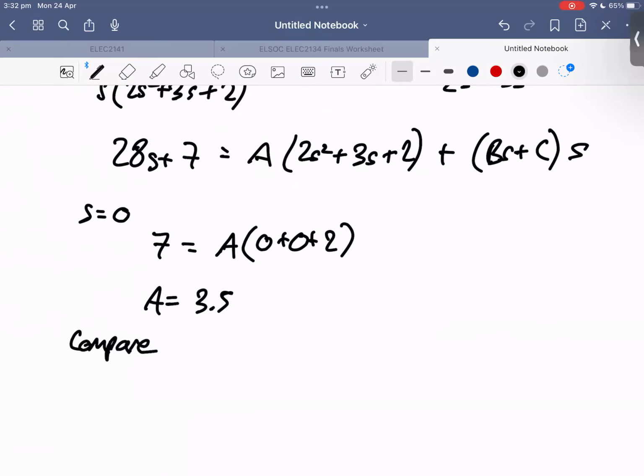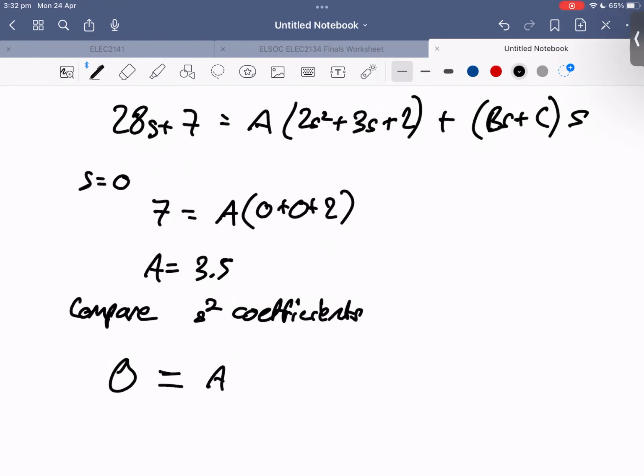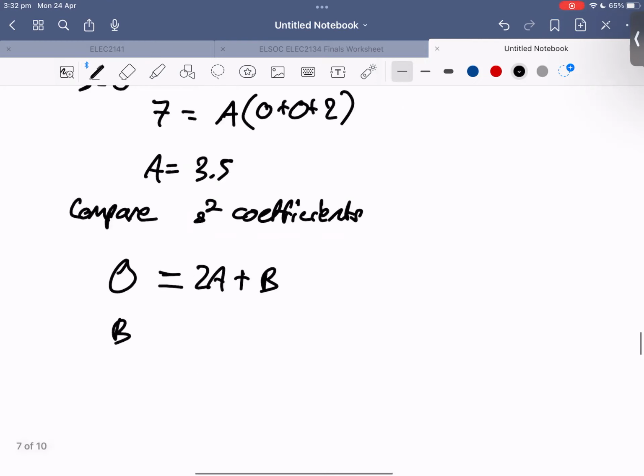So compare S coefficients, or let's do S squared first. On the left-hand side, we have 0 because there's no S squared term. And on the right-hand side, the coefficient of S squared here is 2A, and then we also have B. So B is negative 2A, which is negative 7.